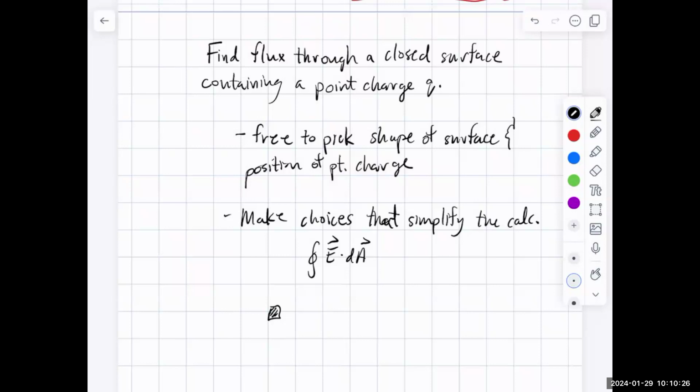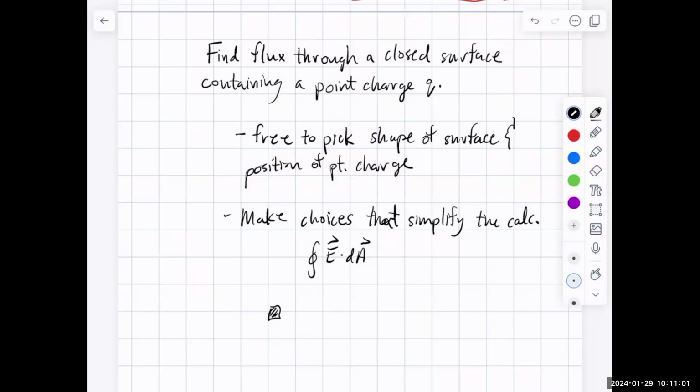So remember, the way we defined the area vector is that we had some area, and then we defined a vector n hat, a unit vector that was perpendicular to that area. And so the dot product is really between n hat and whatever the electric field is, and so the angle between those two. In general, the dot product between two vectors gives a factor of cosine theta. And cosine theta is easy to deal with in two special cases.